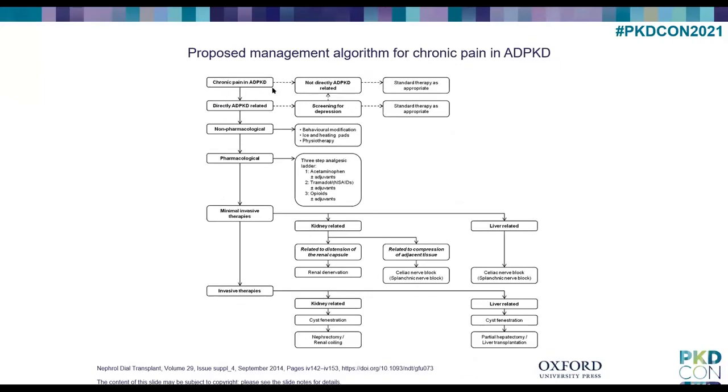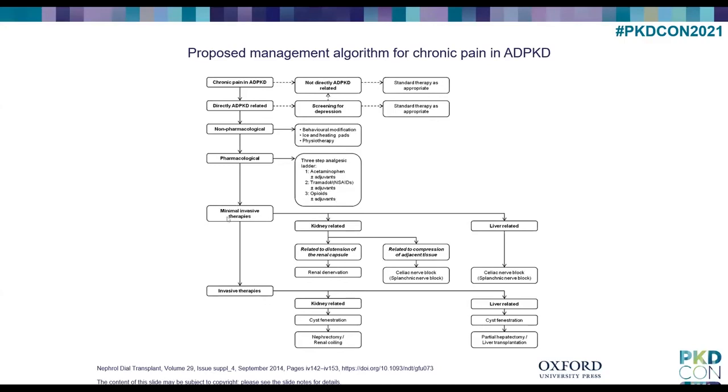The first thing in managing chronic pain is thinking about non-pharmacologic therapy, so behavioral modification, physical therapy, regular exercise, things like that. And then before moving on to pharmacologic therapy, which may be things like Tylenol or Tramadol, Ultram, and then really reserving opioids for the very last in terms of pain management.